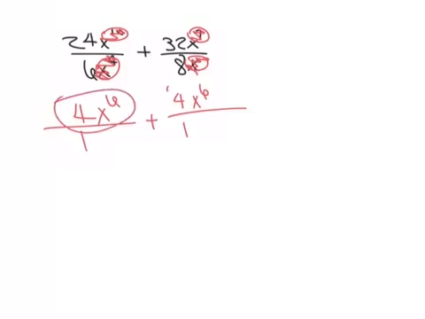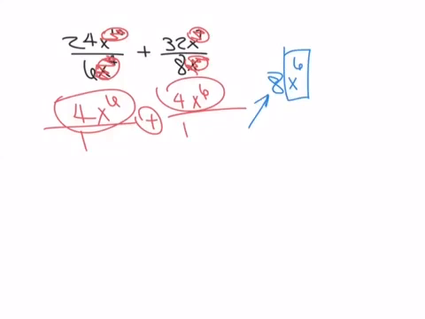Notice I have the same exponents and the same variables. So 4x to the 6 plus 4x to the 6 gives me 8x to the 6. And remember, when you add variables, you never ever in the whole history of the universe add the variable itself. You just add the number in front of it. All right, so that's it for section 5.3. I hope you do fine with that.